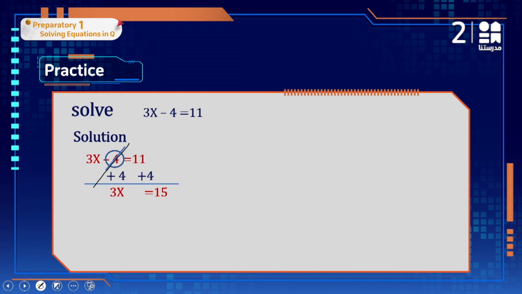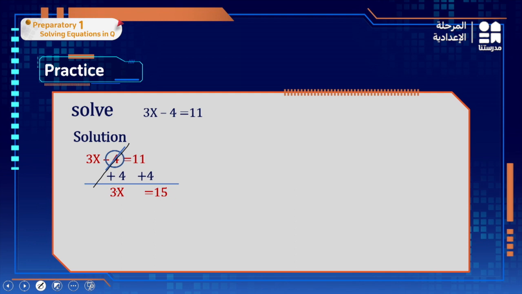Now let me ask you, how can we find x alone? 3 is multiplied by x, so we need to divide the two sides by 3. So we are going to divide by 3 the two sides. 3 will cancel 3, and we got x alone. 15 divided by 3 equals 5. And the solution set equals 5.